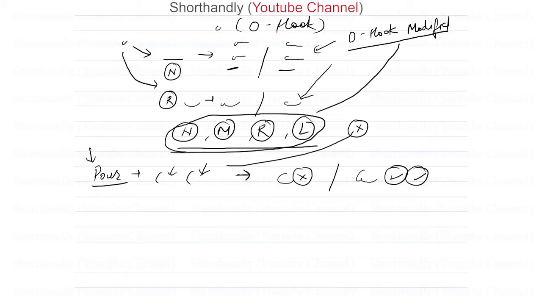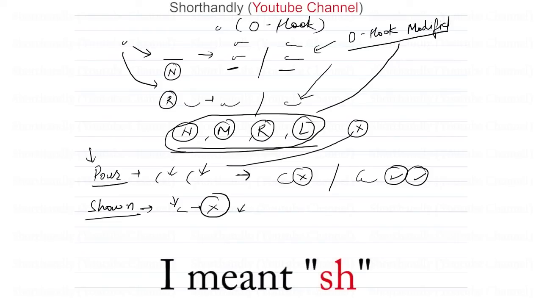For example, if there's another word like shown, we cannot make it like this because this is a wrong way. We have a downward stroke here, because it is S, and S is made like this, so this is a downwards motion.